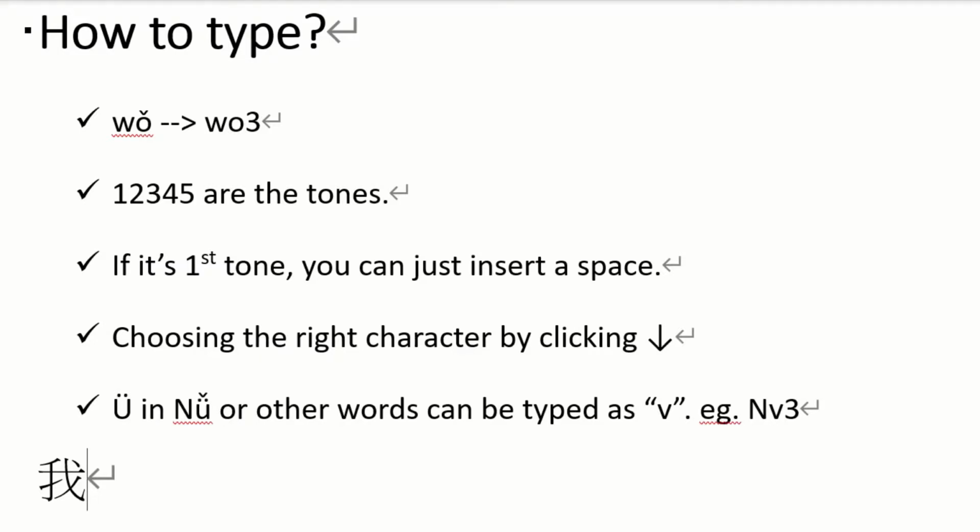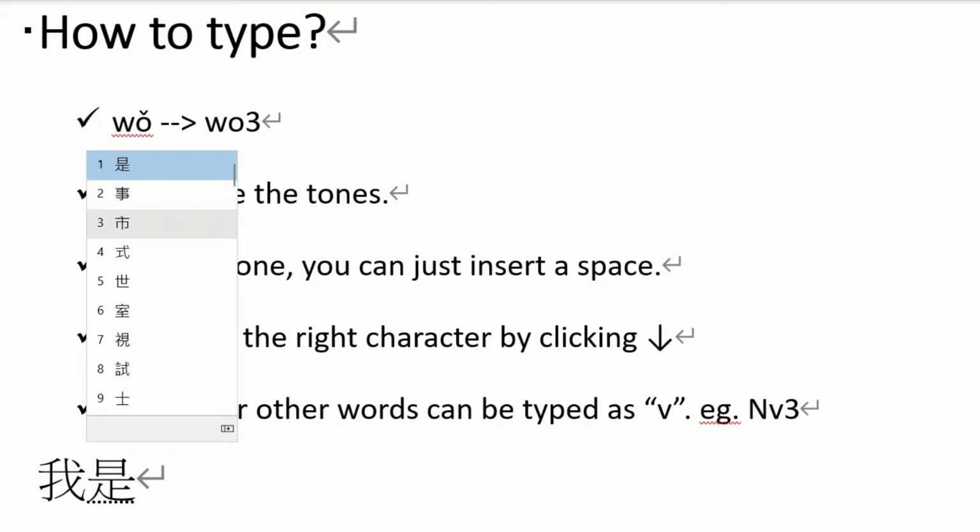Let's also see this one. If you just click the button to go down, you can find many character options, just like this one, 是. Click the button to go down, and you will see a lot of characters, all with the same pinyin syllable as the verb to be.